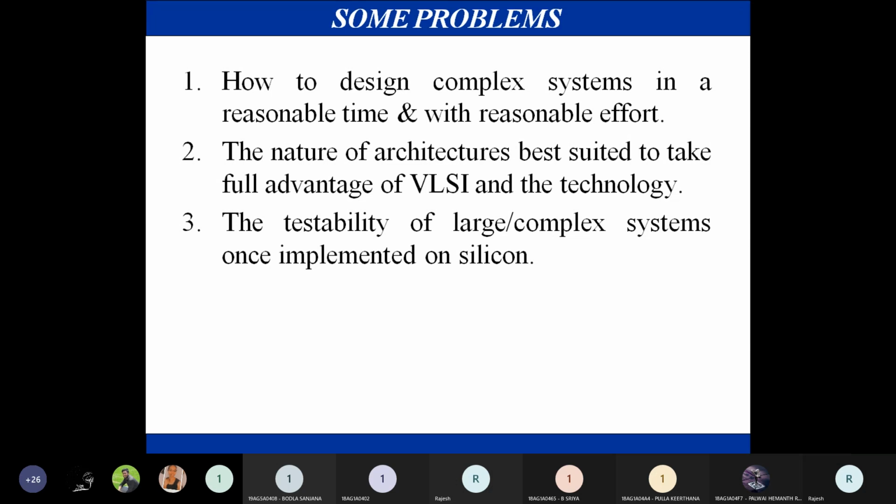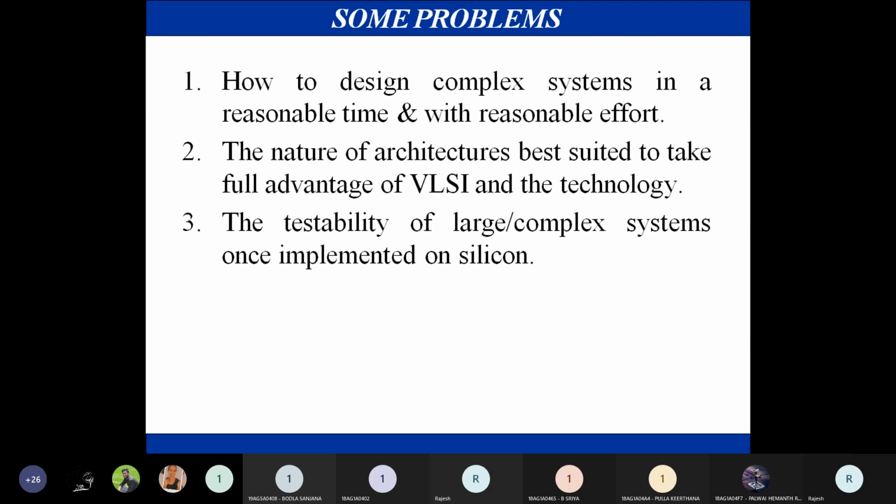So certain design techniques or certain transistors, if you are going below that limit, they might not operate properly for certain technologies. So you have to see that whatever the architecture you select, like if you want to implement an adder, you can implement by various methods. Okay, so that architecture selected must be such that it is taking full advantage of VLSI technology.